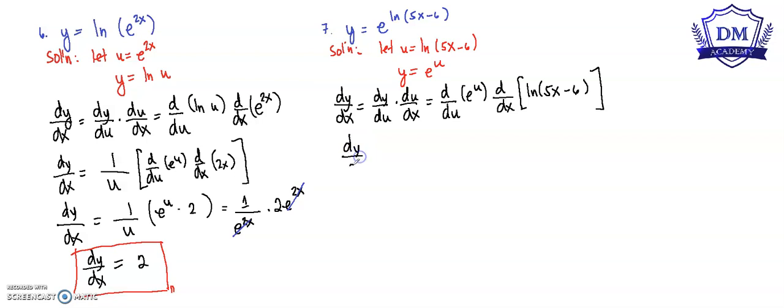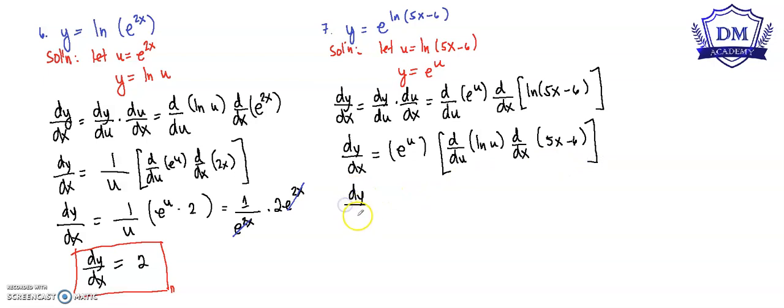Okay, we have dy over dx is equal to the derivative of e raised to u, which is still e raised to u, multiplied by, here we will use the chain rule again, that is d over du of ln of u times the d over dx of 5x minus 6.